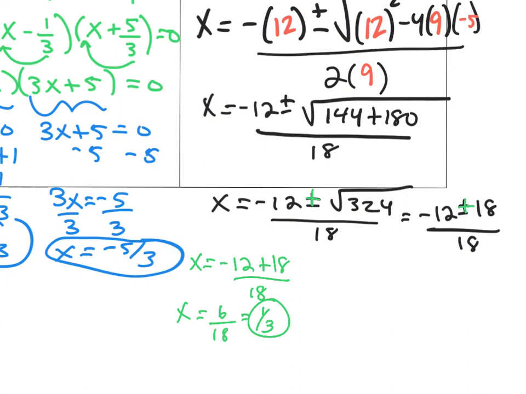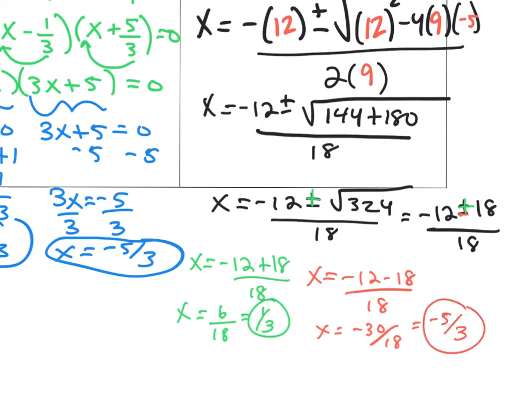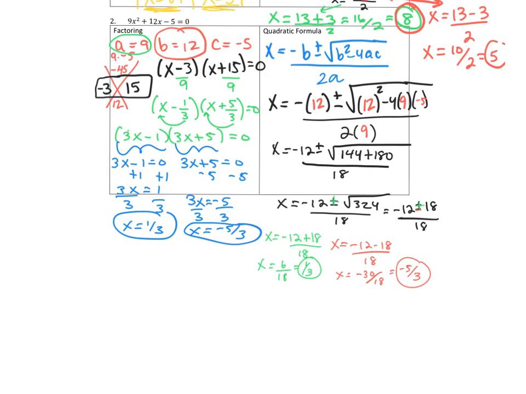Then if we do the other one, we subtract, we'll have x equals -12 minus 18 over 18. So x is -30 over 18, which then simplifies to -5 over 3. And notice those are the same answers that we got. 1/3 and -5/3, same answer whether you factor or use quadratic formula.